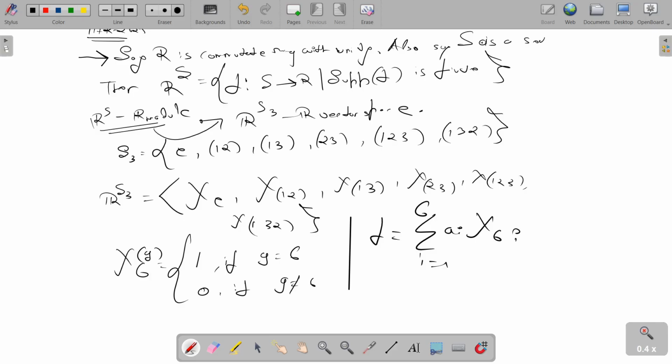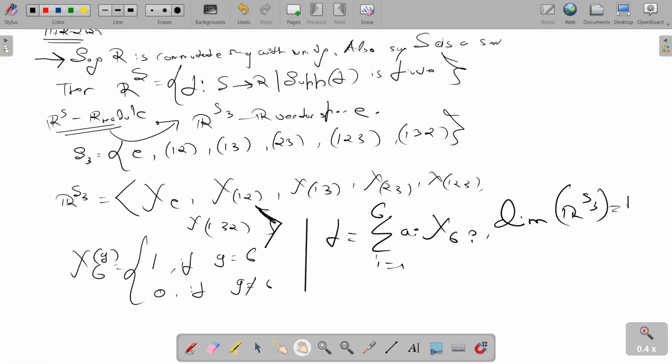So the dimension of this whole vector space will be 6.